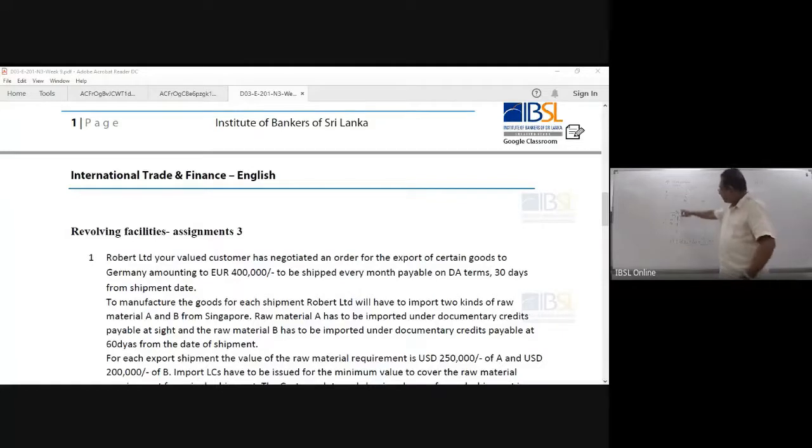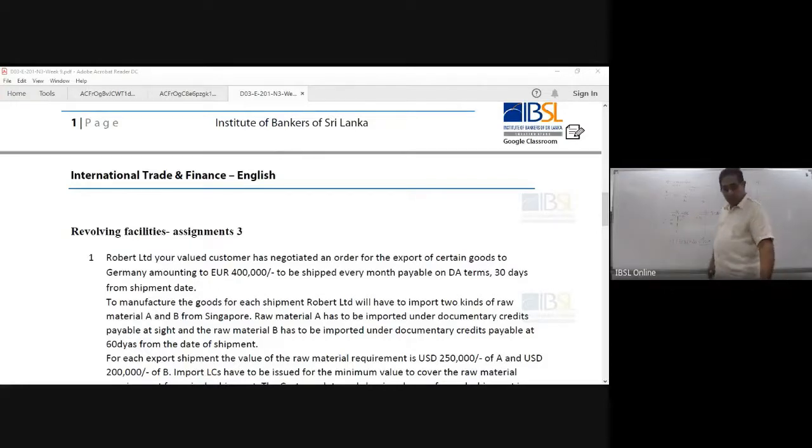Take the base of calculation. Usance LC facility. That's the caption. Say Silva Limited, the customer, to import raw material, import RM.